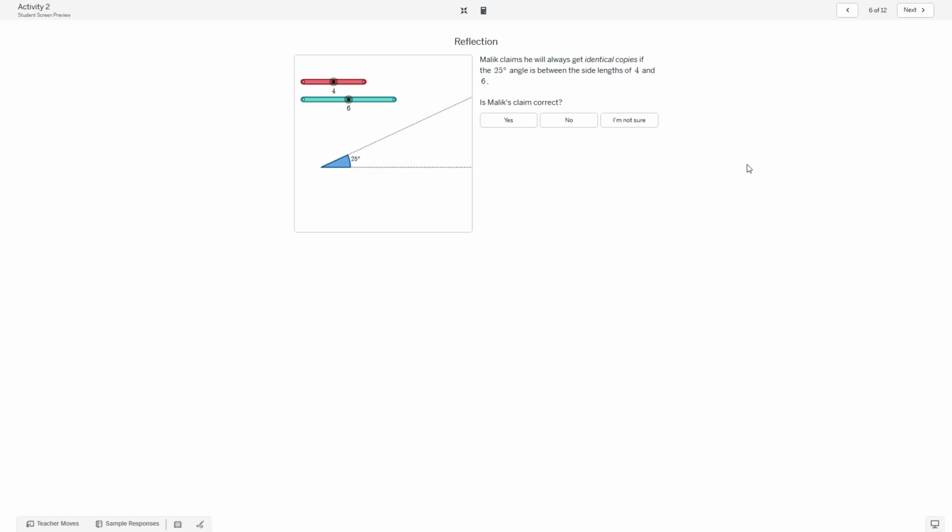Is that true? Okay, the answer is yes. And we just did that when we did the 4 and the 6 when we got that shape, or we did it the other way around.